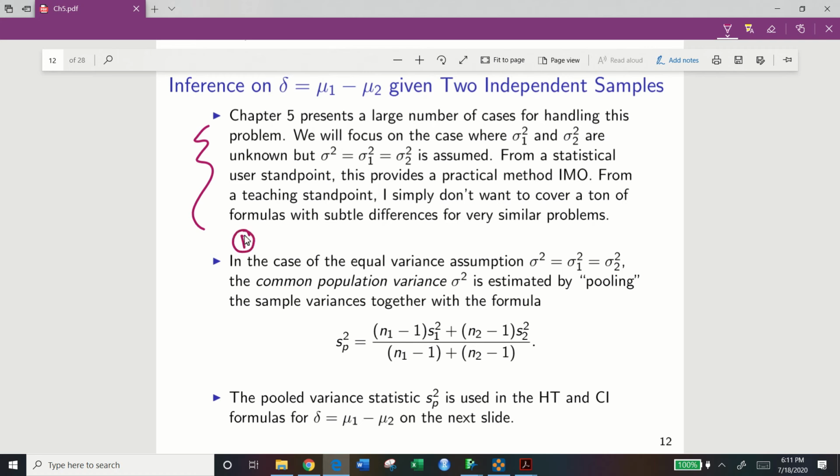So basically, when we're comparing two independent samples, there are three situations. There is a situation where sigma 1 squared and sigma 2 squared are known. There's the situation where sigma 1 squared and sigma 2 squared are unknown, but we assume that they're equal.